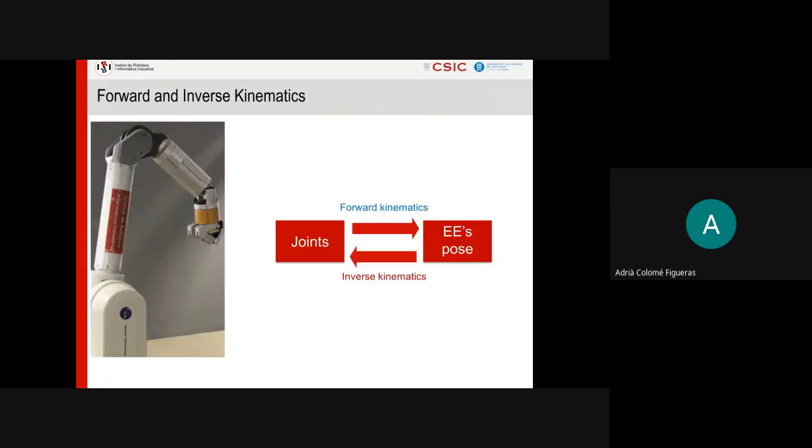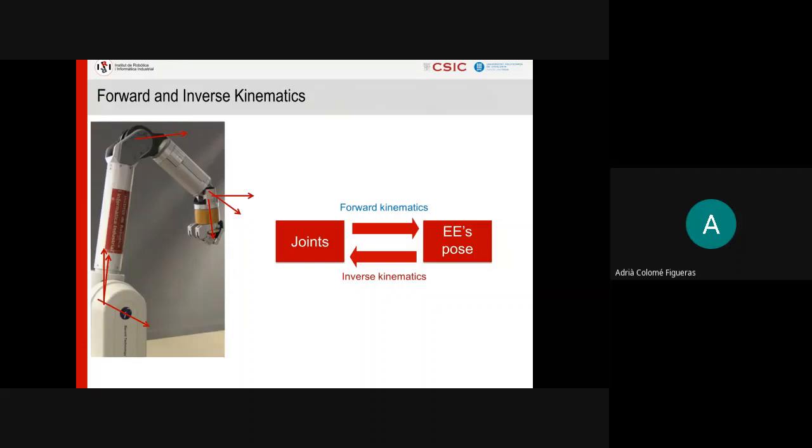And starting with kinematics, of course, the first thing to do is to see what robot you're working with. In this case, we have been working for quite some years with anthropomorphic arms, which are arms that are similar in structure to the human arm, which has 7 degrees of freedom, same as this robot.